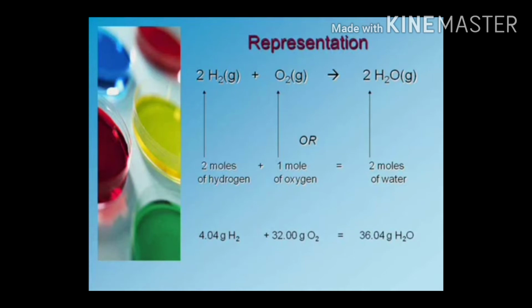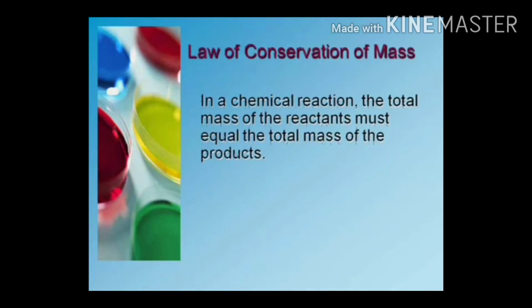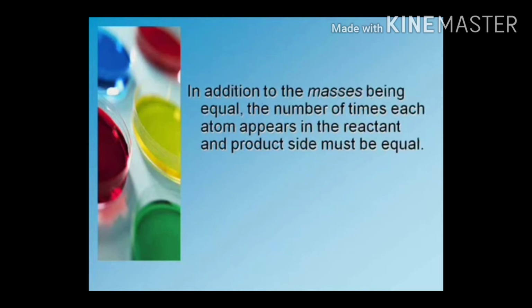Students, see carefully that the sum of the reactants is equal to the sum of the products formed. This will be true for any chemical equation, and this is according to the law of conservation of mass, which states that in a chemical reaction the total mass of the reactants must equal the total mass of the products.